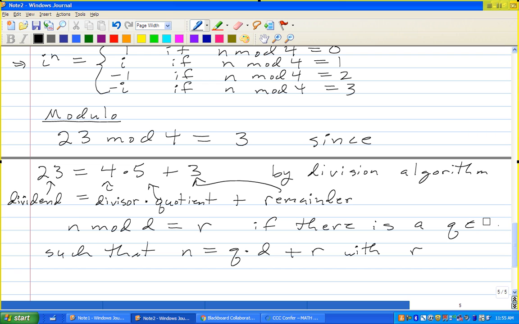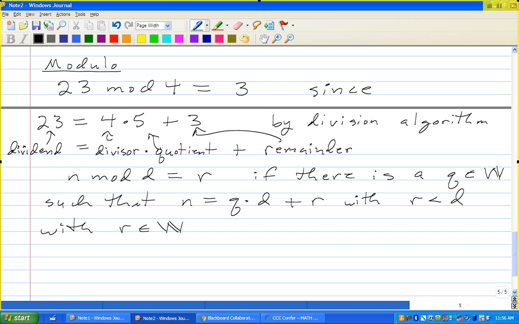I'm not going to be dividing by 0. And of course, where r is less than the divisor, the remainder is less than the divisor, and where r here is a natural number, a whole number. I'll just do this for whole numbers.